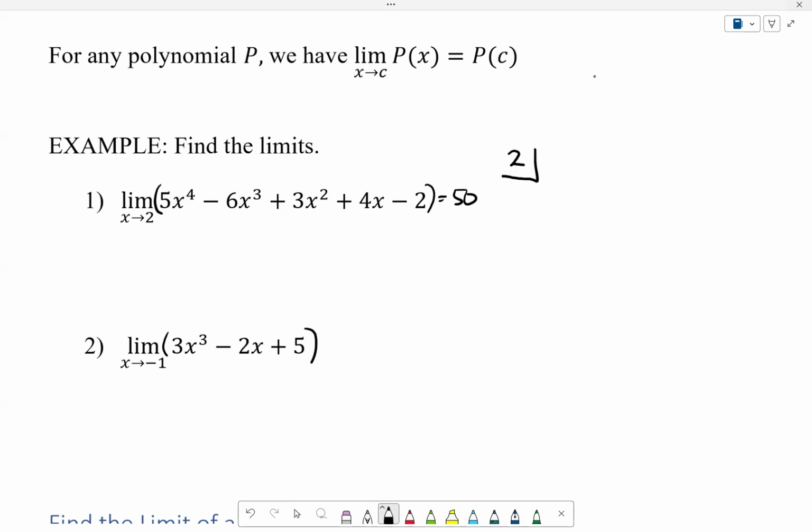Just like that. Yeah, negative 6, 3. It seems like a lot more work than just plugging in.